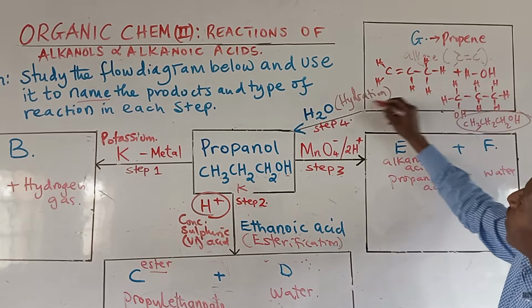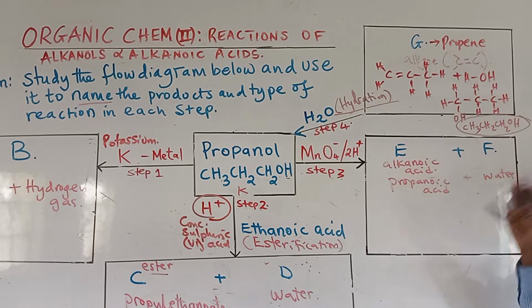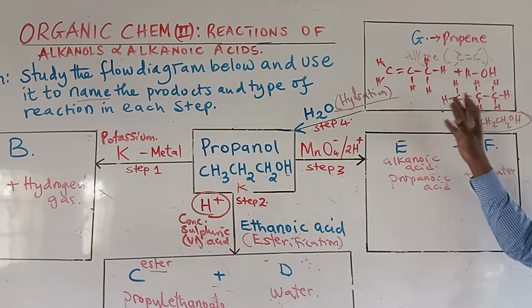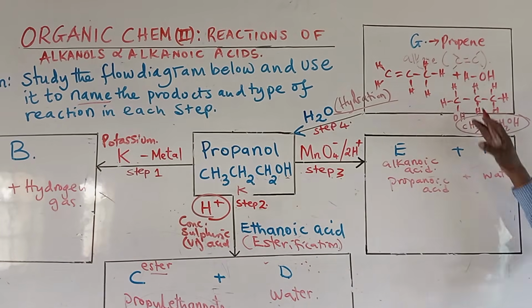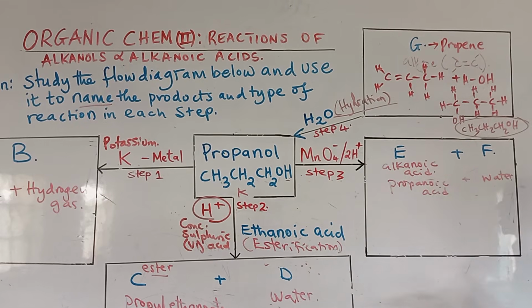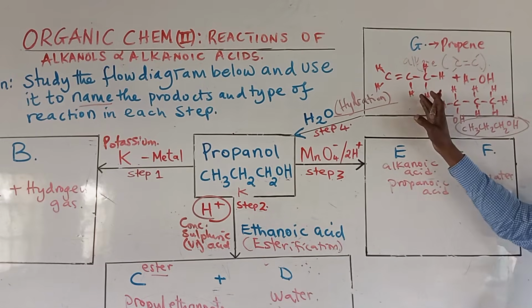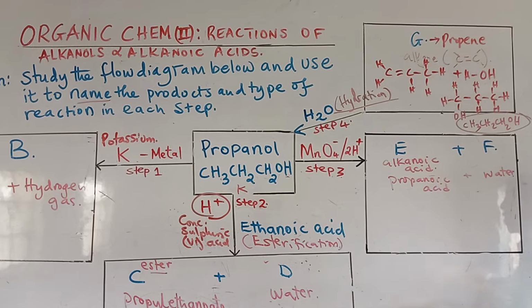Hydration is the addition of water across such a double bond, and it is facilitated through the breakdown of the double bond to add the OH and the H. That is hydration. So alkenes are hydrated to their respective alkanols.